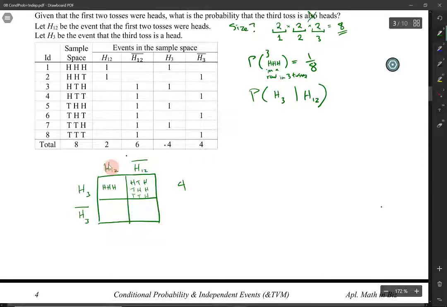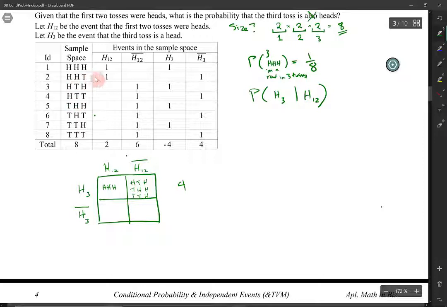So here, this one is heads in 1 and 2, right? And then the third one is not heads. Right, so where do we have the heads being 1 and 2, where you have heads in 1 and heads in 2, and not heads in 3, right?